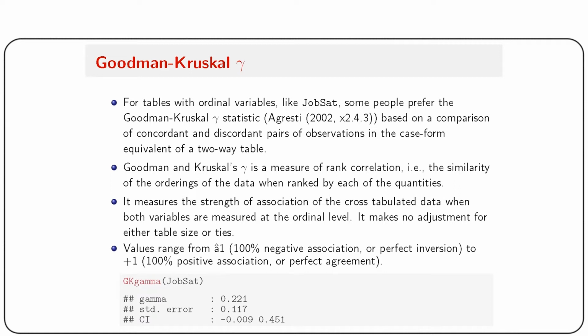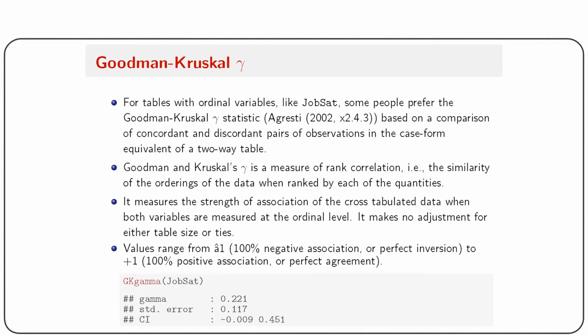The Goodman-Kruskal gamma statistic is based on a comparison of concordant and discordant pairs of observations in the case equivalent to a two-way table. Goodman-Kruskal's gamma is a measure of rank correlation, that is, the similarity of ordering of data when ranked by each of the quantities.